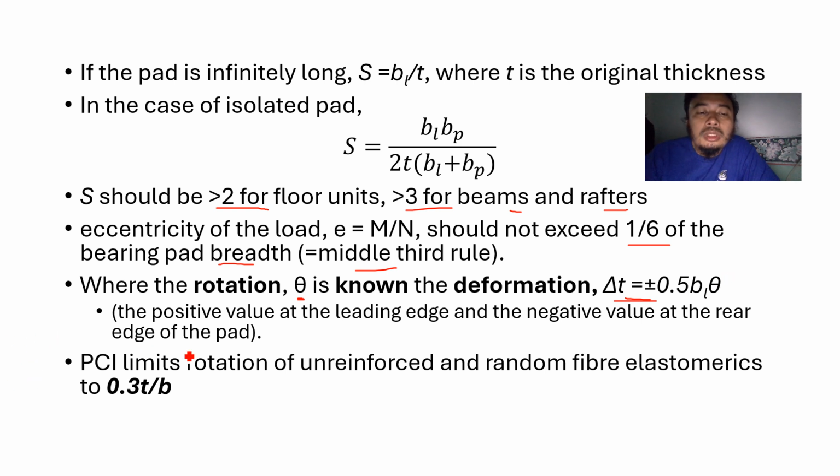We have plus minus: the positive value is at the leading edge, and the negative value will be at the rear edge, the front and the back. The positive will be at the front, and the negative at the back, so you have a rotation there due to your eccentricity.